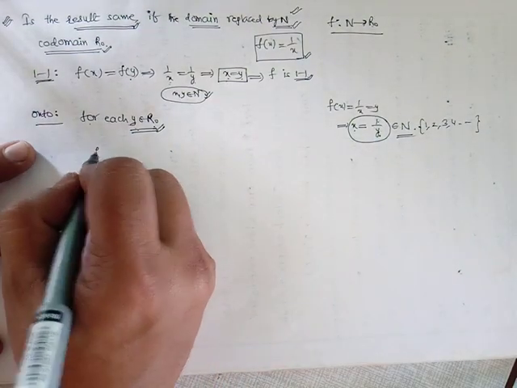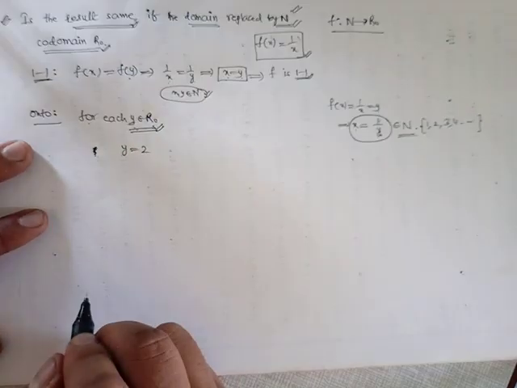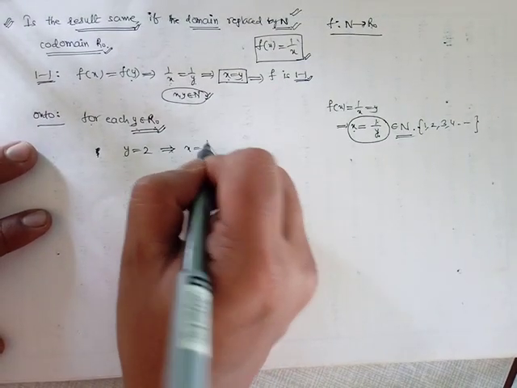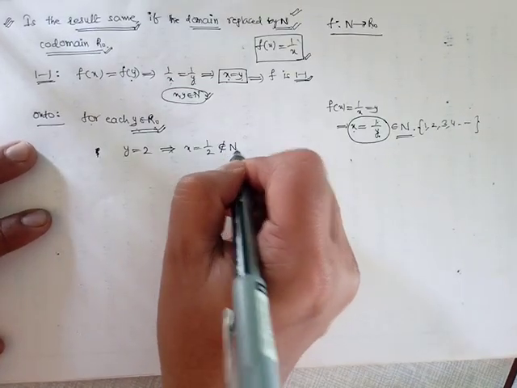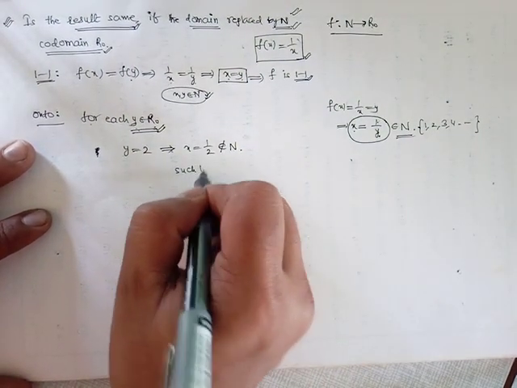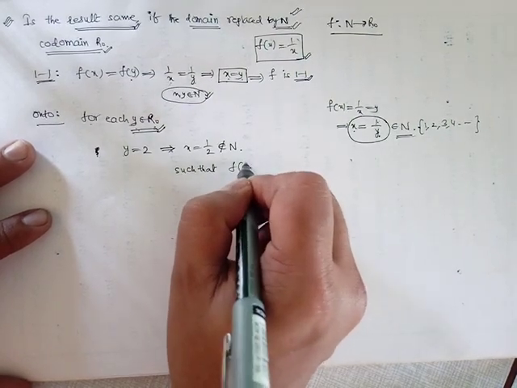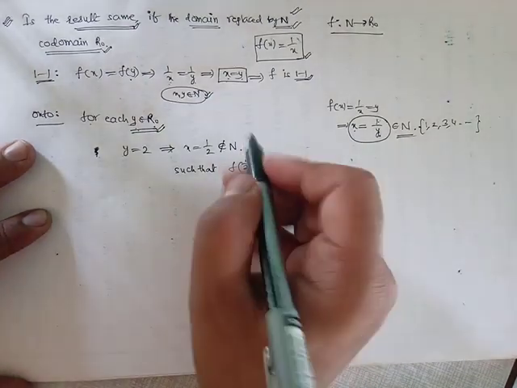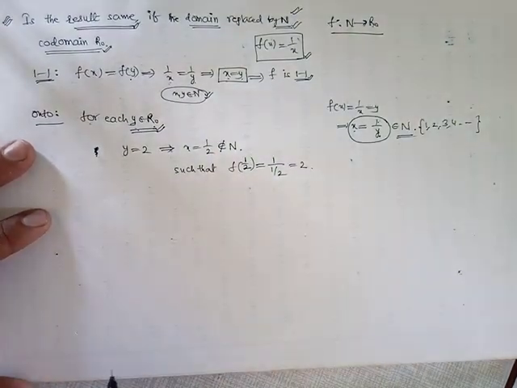Just consider y is equal to 2. This implies x is equal to 1 by 2. 1 by 2 does not belong to natural numbers, such that f of 1 by 2 is equal to 2.